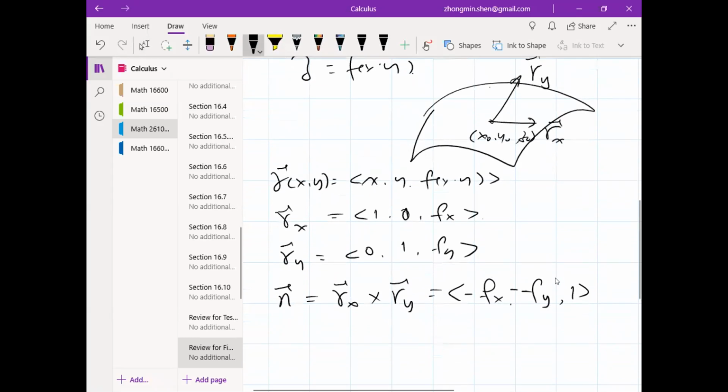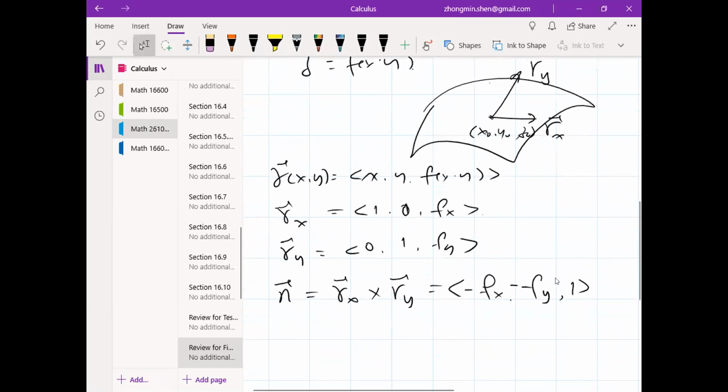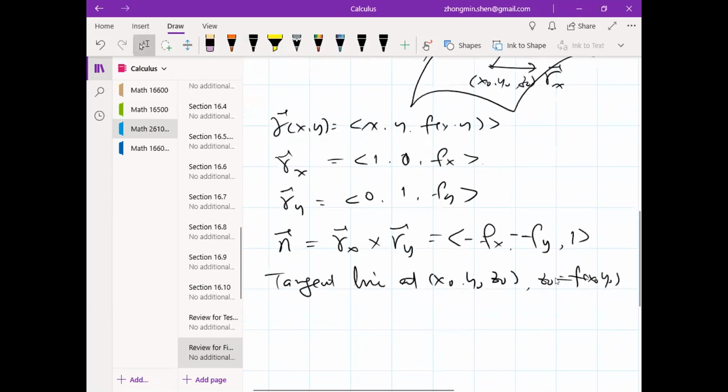So the equation for the tangent plane at that particular point, where z naught equals f(x naught, y naught), is given by the following formula.